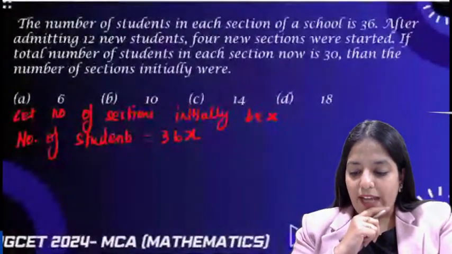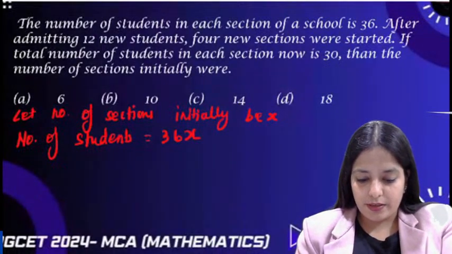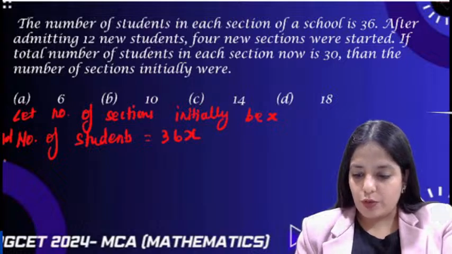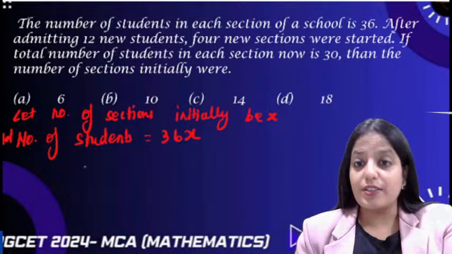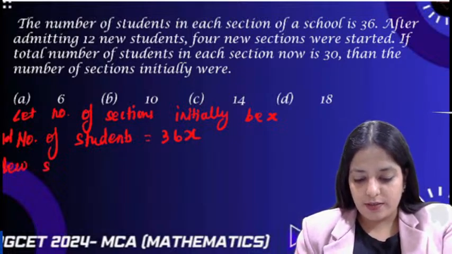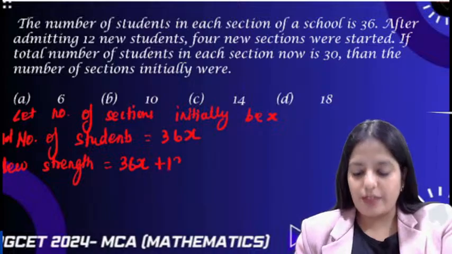Now, what happened? 12 students got admitted. So now how many students will be there? Initially there were 36x students. Now the new strength would be 36x plus 12.